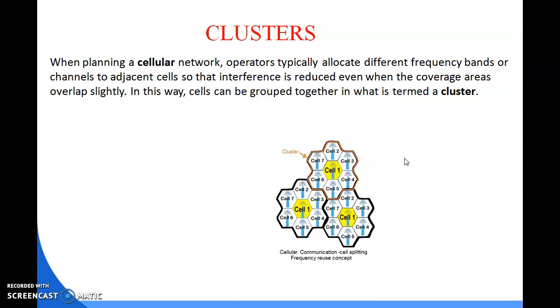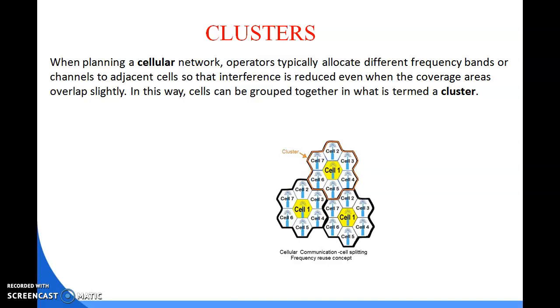But it is not very efficient if traffic load varies. For instance, in the case of a heavy load in one cell and a light load in the neighboring cell, it could make sense to borrow the frequencies.